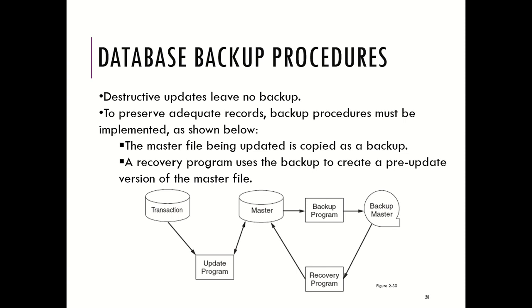Then the master file is updated using what is called a backup program. Then we have a backup master. Then a recovery program takes it back again to the master file. The recovery program is only used when the master file is damaged. So that is why it goes back to the master file.